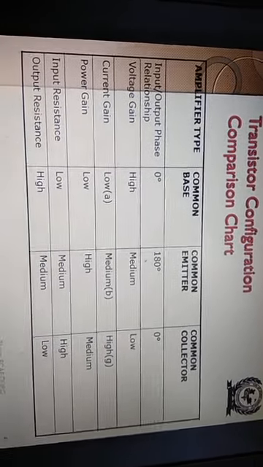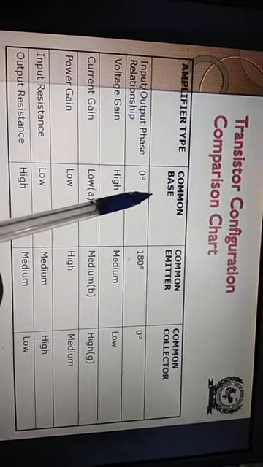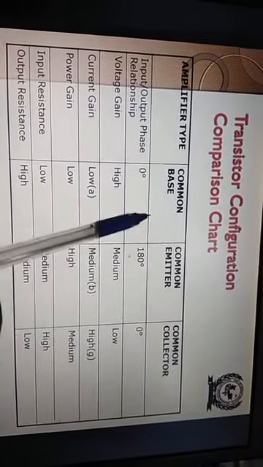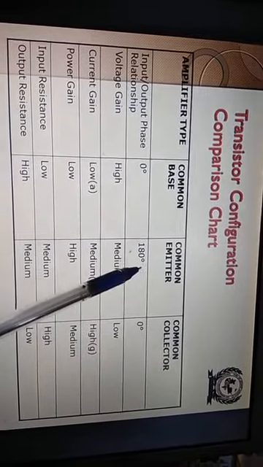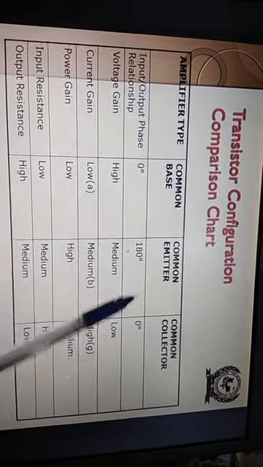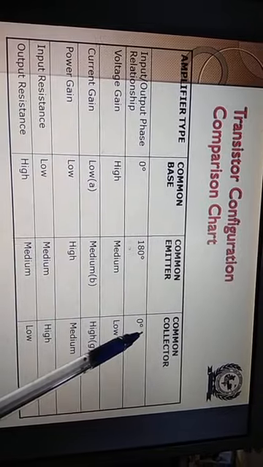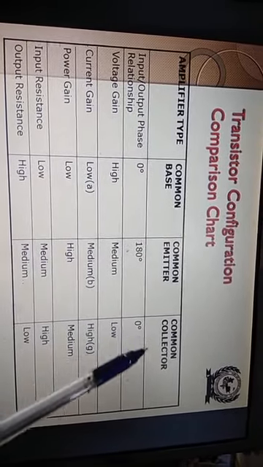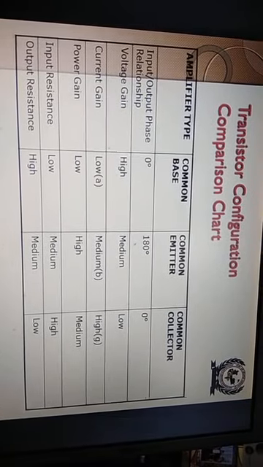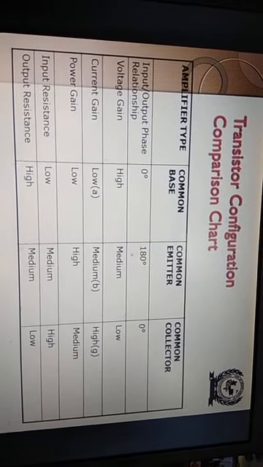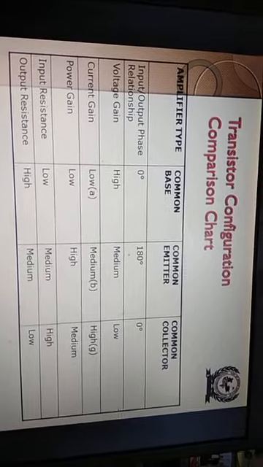Here the current gain is alpha, that is IC upon IE. Here the current gain is beta, that is IC upon IB. Here the current gain is gamma, that is IE upon IB. So these are the transistor configuration comparison chart.